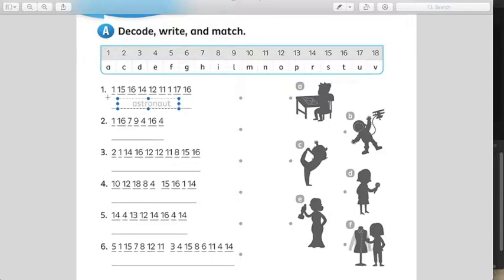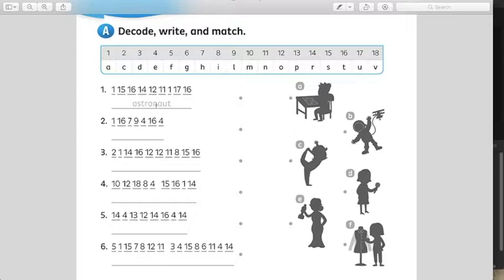Number 1 is the letter A. If we look at number 15, that is the letter S. So AS. Number 16 would be the letter T. So AST, RONAUT. By going through all those, you should spell out the word astronaut.